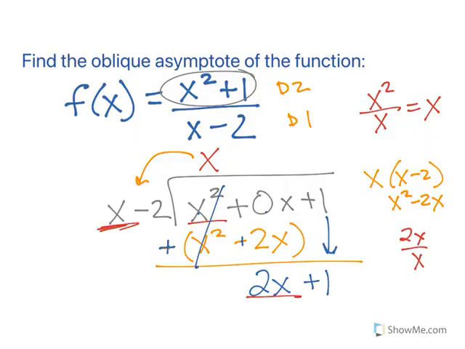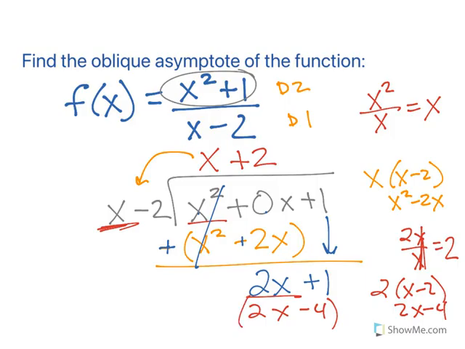Well, 2x divided by x, my x's cancel out. I'm left with just 2. So that's plus 2. Again, I multiply, so 2 times x minus 2 gives me 2x minus 4. I subtract, 2x minus 2x goes away, 1 minus a negative gives me 5. So I have a remainder of 5.